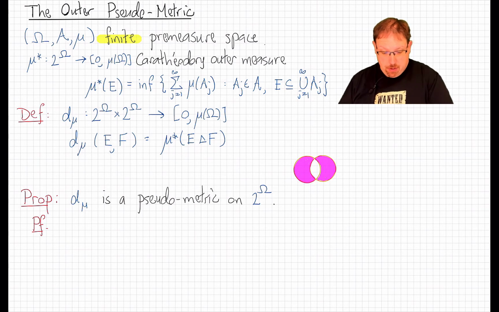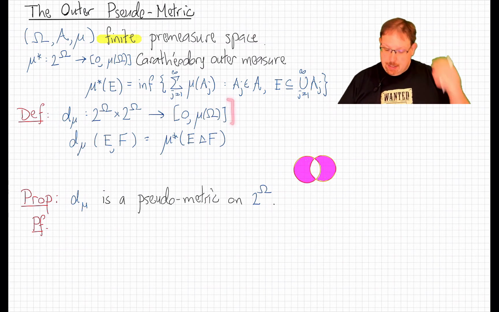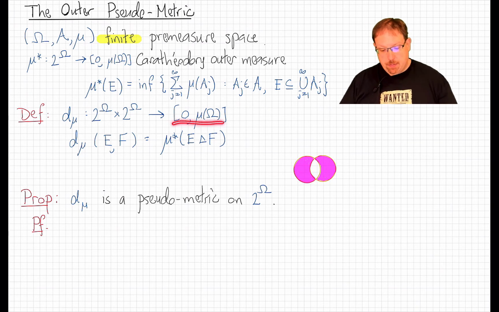We start with a finite premeasure, and we define the Cartier-Dore outer measure associated to it, which is a function on all subsets. Its definition, again, is here. Now we're going to define a function on 2 to the omega cross 2 to the omega. It's going to take values in this compact interval of non-negative real numbers, and it's defined like this.